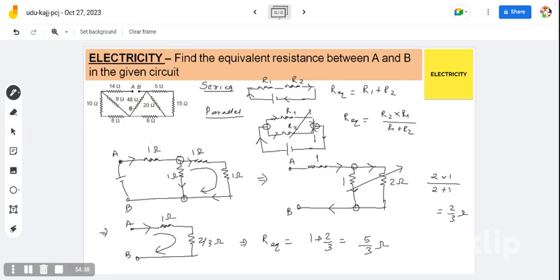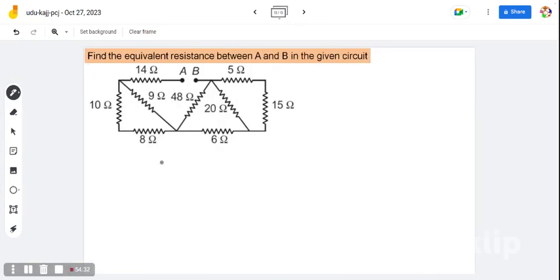Now let us solve this sum. To solve this sum, let us distribute the current. This current is going through this. It is getting divided into this, this, and this branch. Now through the 5 ohm and 3 ohm the same current is flowing.